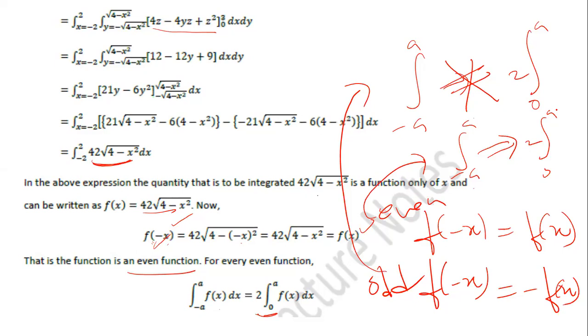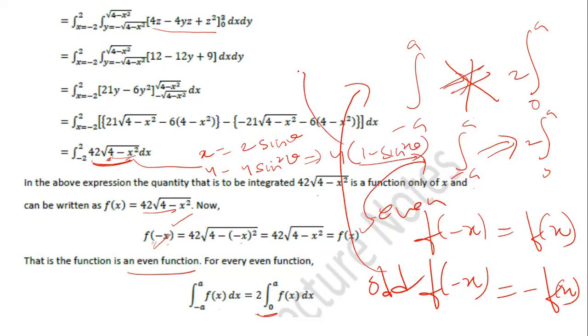And also this is the integration of a square root. And from the trigonometry law here, you can see that you have to substitute x as 2 sine theta, so that whatever is within this will be 4 minus 4 sine square theta, and you can write this as 4 times 1 minus sine square theta, and 1 minus sine square theta, you know it, this is cos square theta, right?